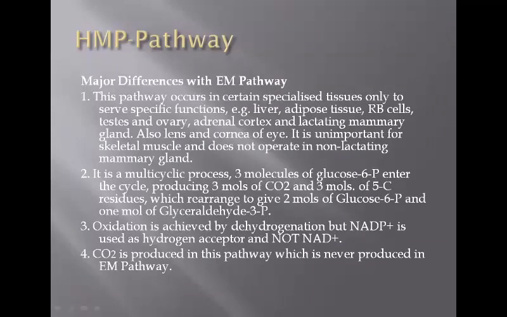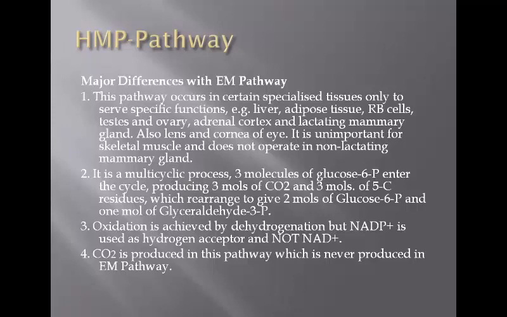Now first see some differences of the HMP shunt or HMP pathway from that of the Embden-Meyerhof pathway or glycolysis. This HMP pathway continues in specialized tissues only, to serve specific functions, like in liver and adipose tissue, where basic requirements are there.